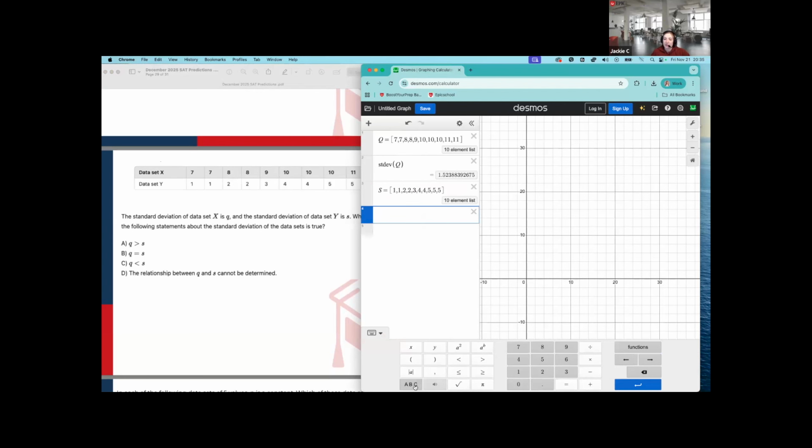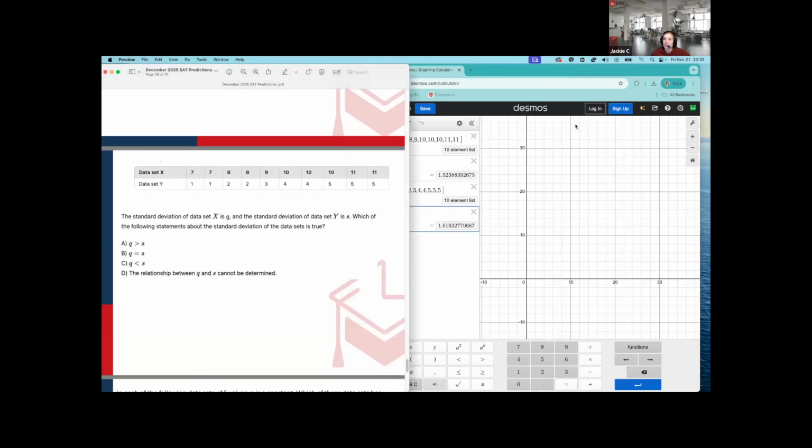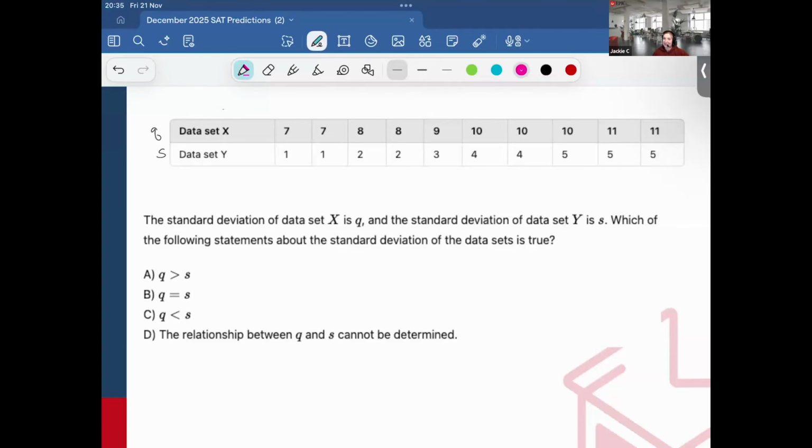Again, I'm going to go to my functions, scroll down to statistics, get standard deviation, and then I put in S, and then I can see the standard deviation of S is greater than Q. And that's why the answer would be correct choice C. My goodness, wasn't that so amazing? And that is the answer.